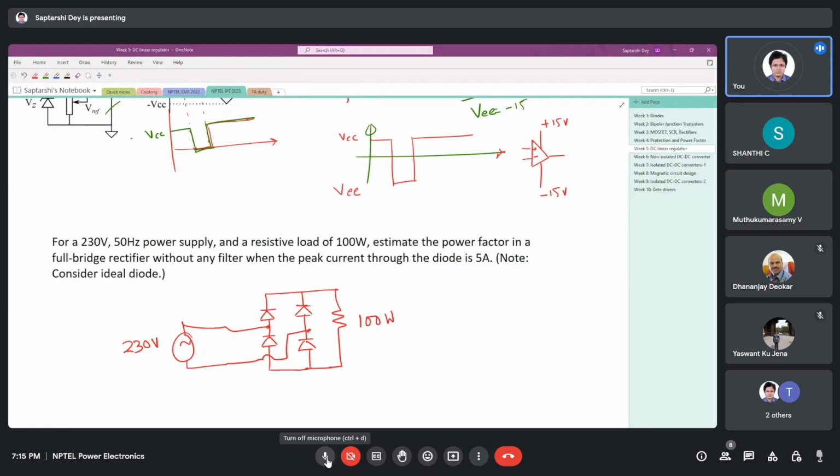I think they are trying to imply something. Say if it is 100 watt. Sir, actually the power factor is found using P0 by VRMS into IRMS. Just a minute. 100 watts.